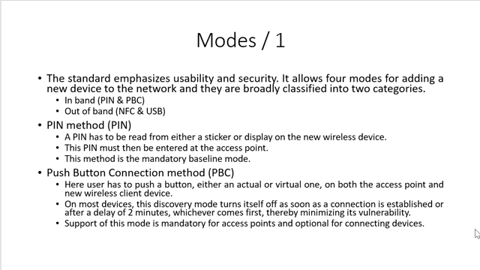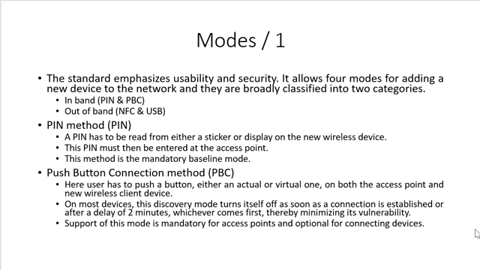First one is in-band, the second one is out-of-band. Under the in-band category, there are two methods, PIN and PBC. Similarly, under out-of-band, two methods are there, NFC and USB. So let's go one by one.